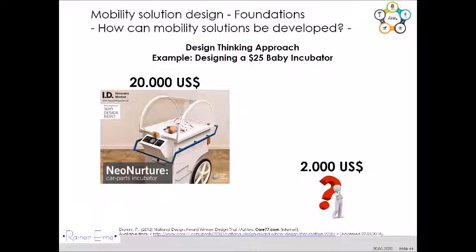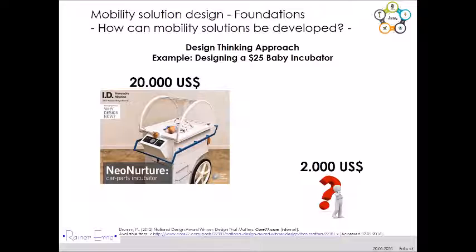And these kind of incubators are firstly too expensive, and secondly too complicated to be implemented in rural areas of low-income countries. There's no electricity usually. The dust conditions are not very good, so that they can't use these incubators in rural areas of low-income countries.